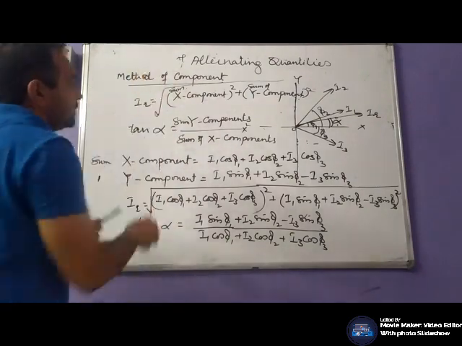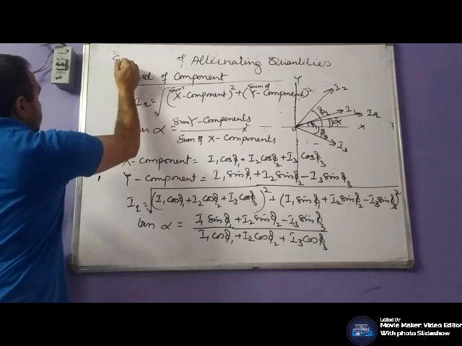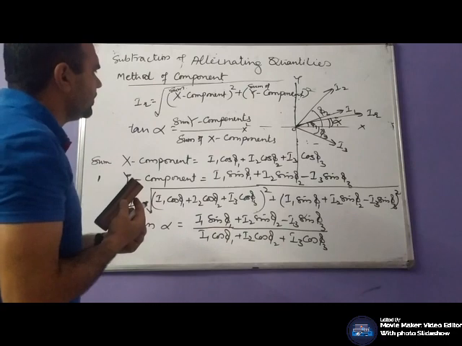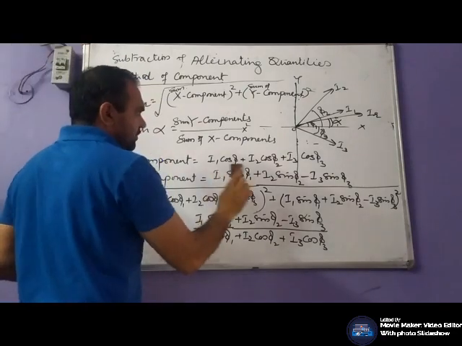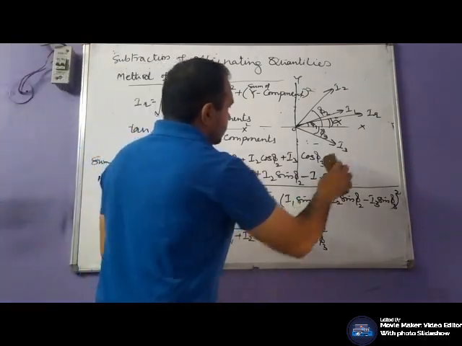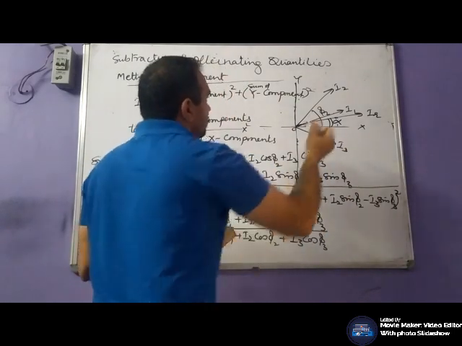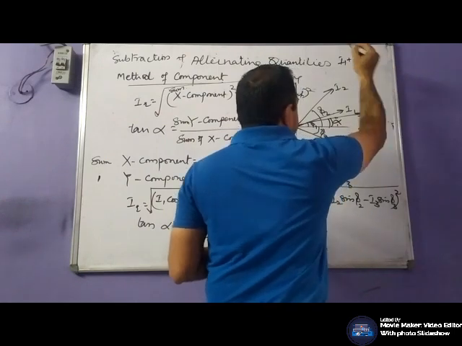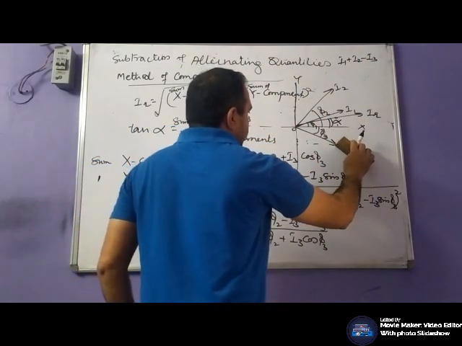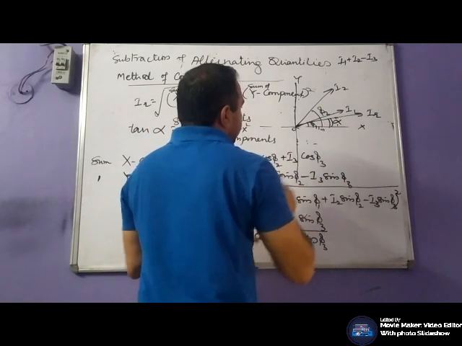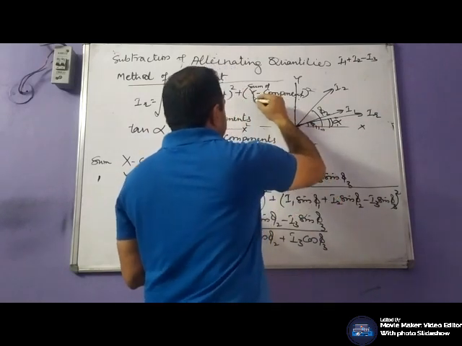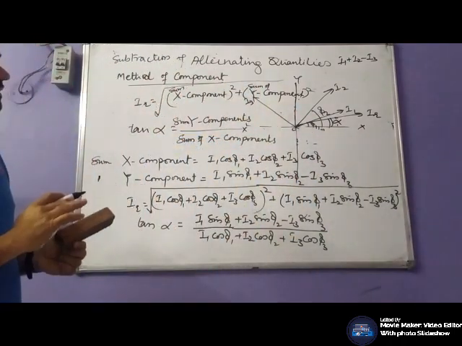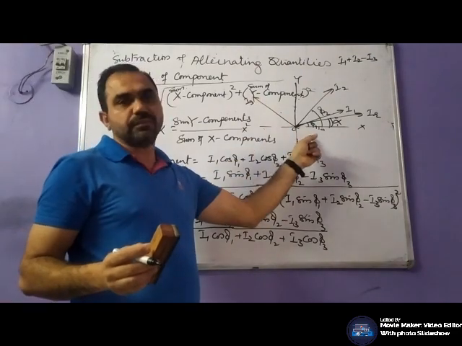For subtraction, the scheme would remain the same. For example, we have to do I1 plus I2 minus I3. That means I3 would be this one. We will reverse the phasor in phasor position.